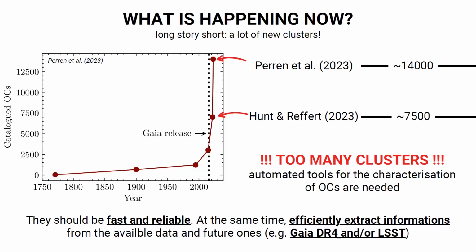And you see here the line that shows Gaia. The number of clusters rises up to around 10,000. As we already know, part of them are false. There are some estimates on that. Somebody says that it is 20%. Somebody more pessimistic says that they are probably 40% of them.